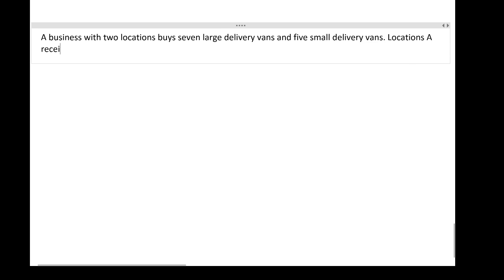Location A receives five large and 2 small for a total cost of $235,000.